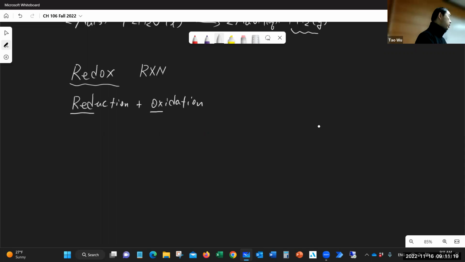That's a redox reaction. Okay, so redox reaction is complicated, and sometimes this is the hardest part of chemical reactions. It's pretty hard. I don't expect you to know why a reaction is a redox reaction.